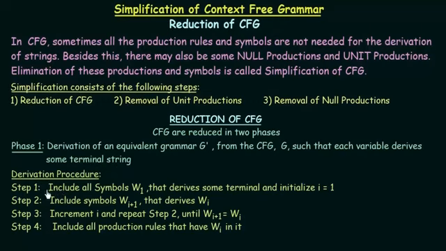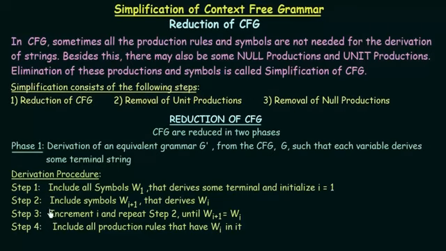So the procedure to do that is, step number 1, include all symbols W1 that derive some terminal and initialize i equal to 1. So we have our context-free grammar G, and from that we will make a set of symbols which we will call W1 that will contain the symbols that can derive some terminal symbols. Those we will keep in our set W1, and then we initialize i equal to 1.